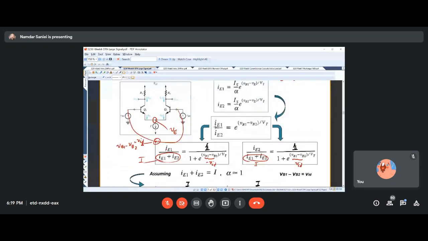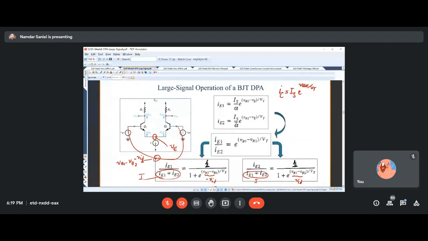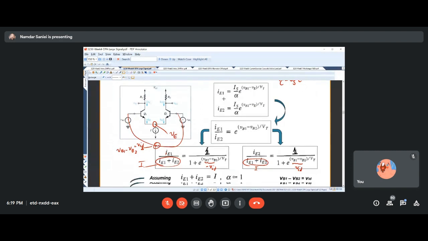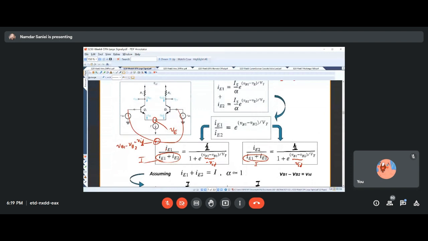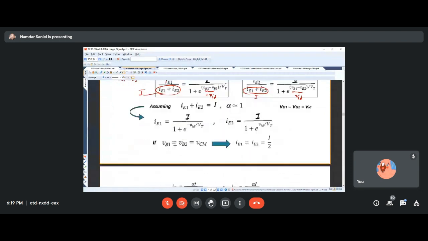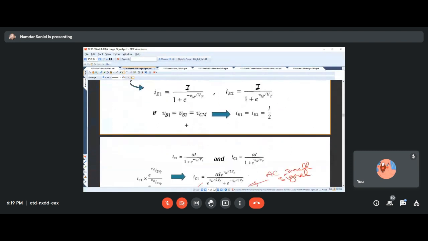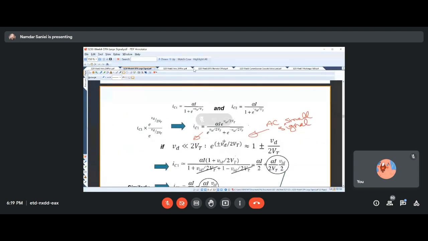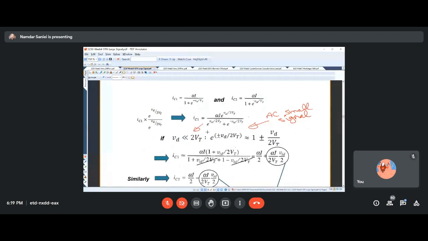inputs. And we started by writing the equations that we know in large signal, which are also valid for small signal, right? We found the emitter current, and from there we found the collector current, and from there we came to simplify this collector current, which came from the large signal analysis, such that we get a simpler relationship.